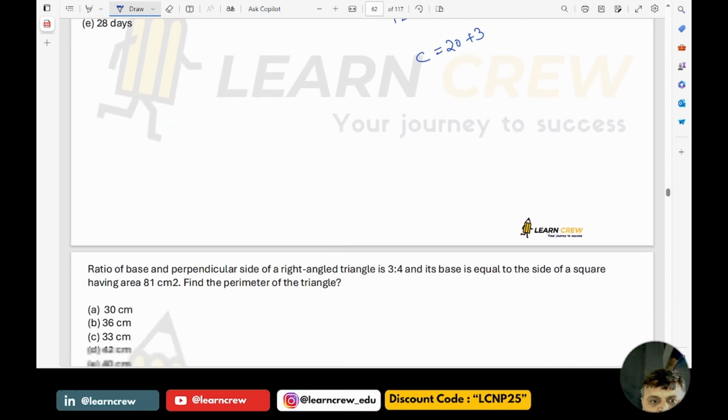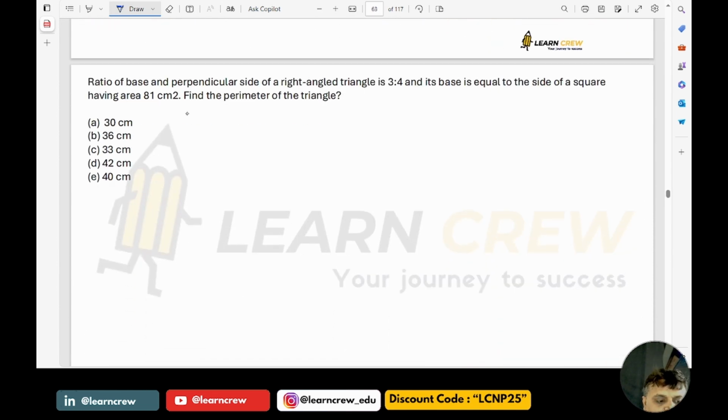Next. The ratio of the base and perpendicular side of a right angle triangle is 3:4. So 3 parts, 4 parts. And its base is equal to the side of a square having area 81.